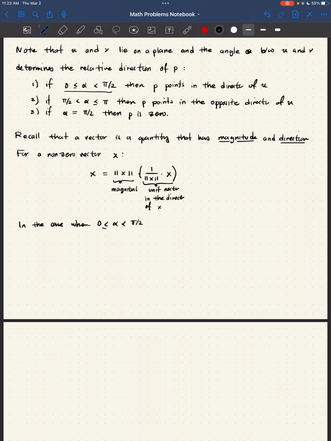Then P, the projection, can be decomposed as the magnitude of the projection times 1 over the magnitude of the projection times P. Of course, this one is the magnitude, and this one with a double underline is the unit vector in the direction of P. But in this case, both U and P share the same direction.